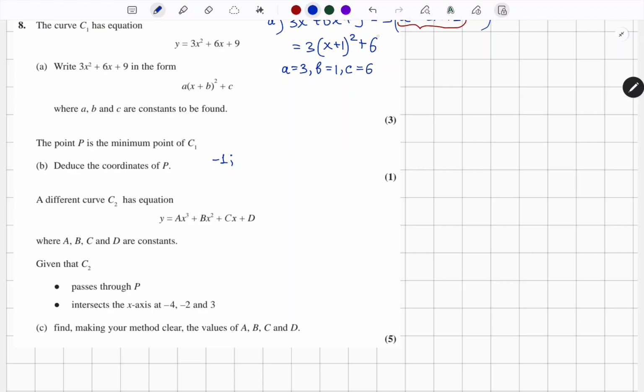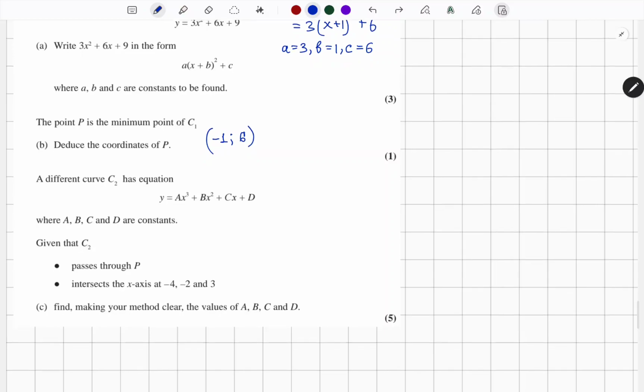It becomes -1. And the number outside, plus 6, doesn't change its sign. It becomes the y coordinate of the vertex. So this is the vertex. It's just a 1 mark question, so I do not have to provide any justification. The answer is ready.